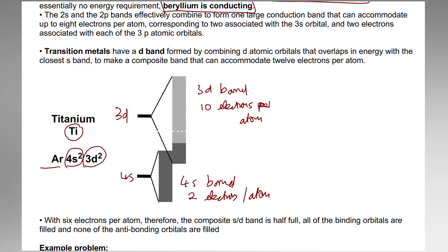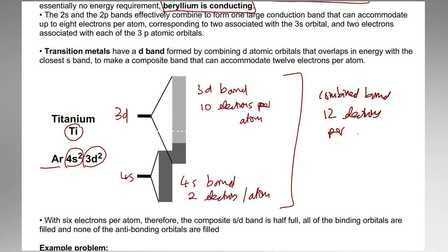And the 3d band and the 4s band also overlap in energy. And so we wind up with a combined band which can accommodate 12 electrons per atom. And again, in the case of titanium, because we have 2 formally associated with 4s and 2 associated with 3d, we have lots of empty orbitals up here.